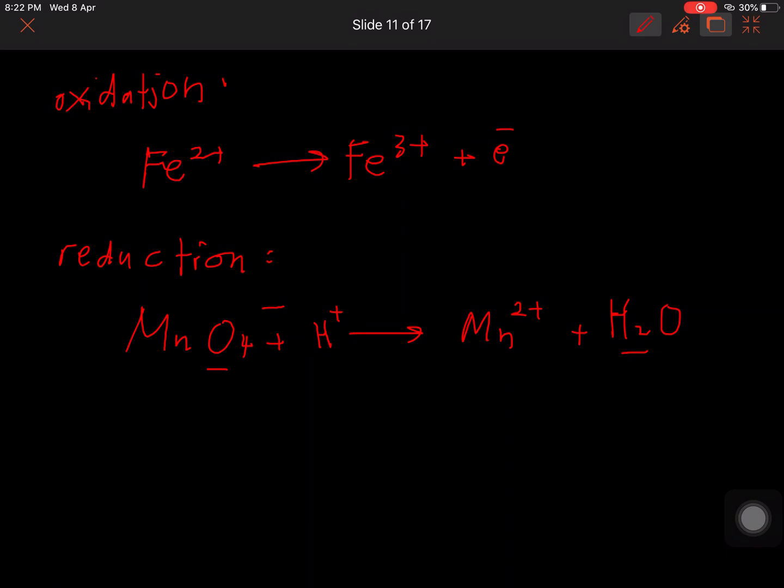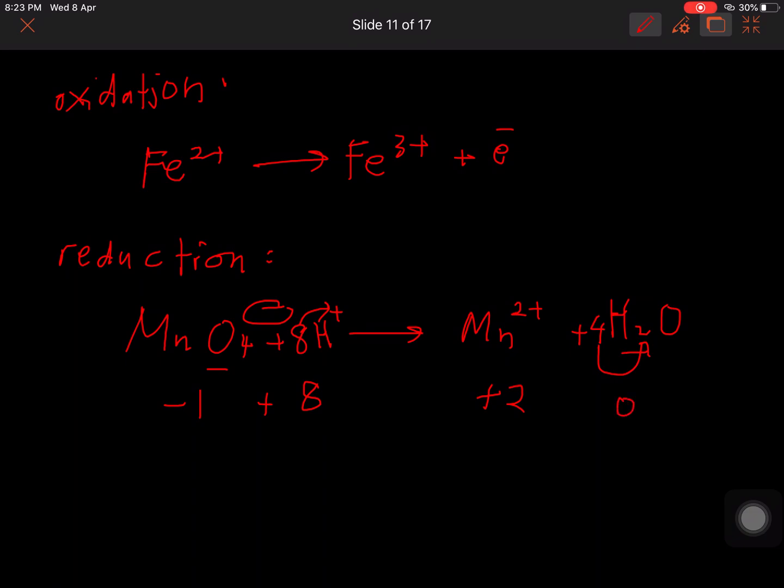Balancekan dulu. You have oxygen 4 here, so you should put 4 oxygen here. Okay, so when you have 4 times 2, 8 hydrogen, so you should put 8 hydrogen here. And the charge, this one is negative charge, so negative 1. While this one is 8 times 1, positive 8. This one, positive 2.